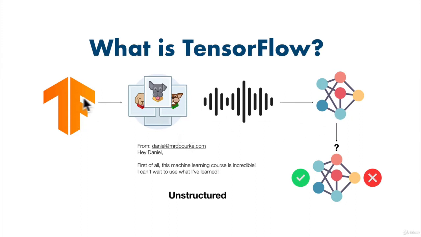And now TensorFlow allows us to build a deep learning model, kind of like a neural network, well, exactly like a neural network, to gain insights out of this unstructured data. And it also allows us to check and evaluate how our neural network, which is another form of machine learning model, is doing. Is it getting things right, or is it getting things wrong?